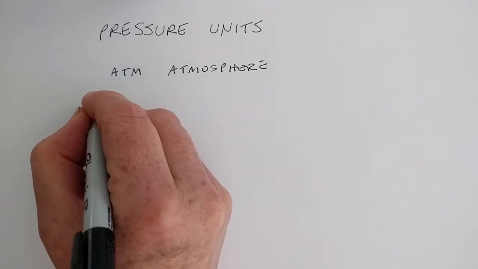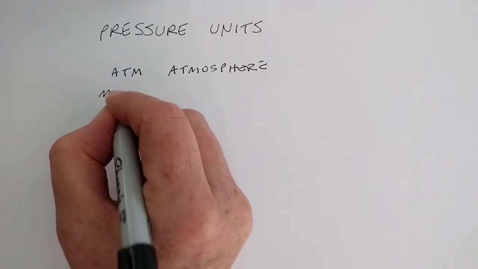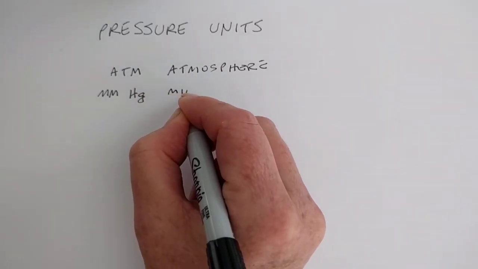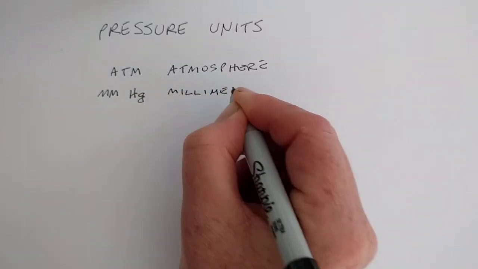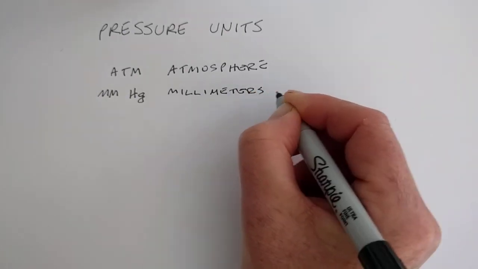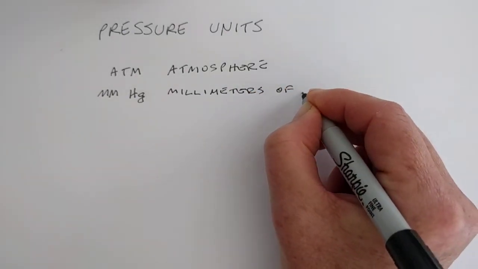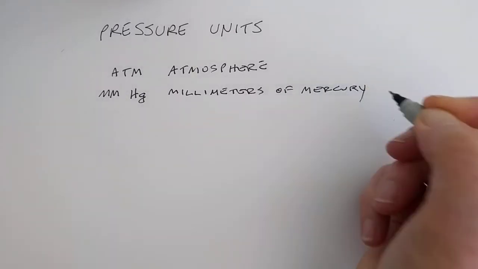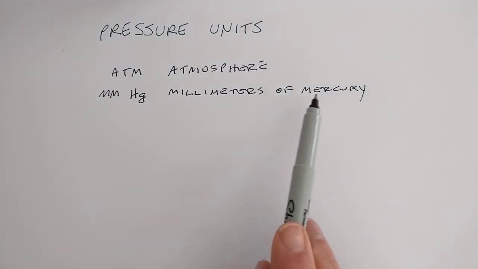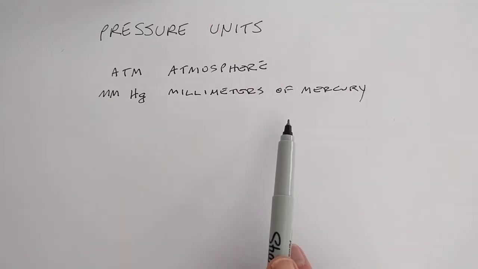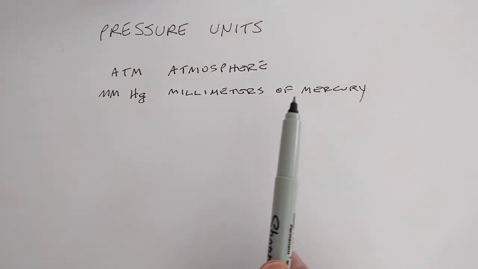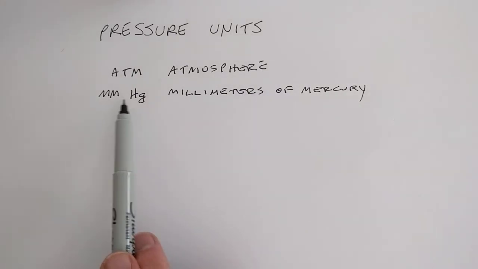Another pressure unit is mmHg, millimeters of mercury. That comes from the first barometer, which was made with mercury. The atmosphere pressed down on a pool of liquid mercury, and the mercury rose up in a tube, and they measured how far the mercury went.